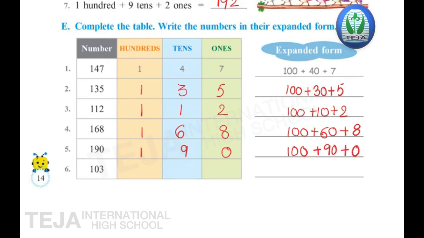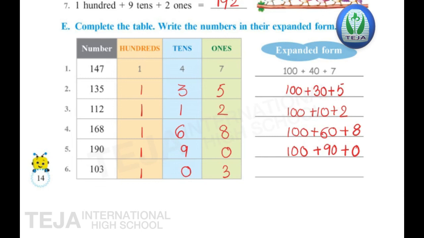Okay children. Now the last one, 103. Now here 3 is in ones place, 0 in tens place, and 1 in hundreds place. Now write 3 in ones place, 0 in tens place, 1 in hundreds place.